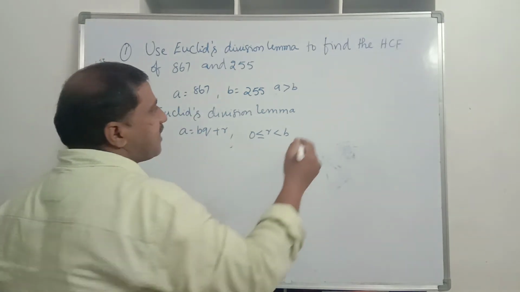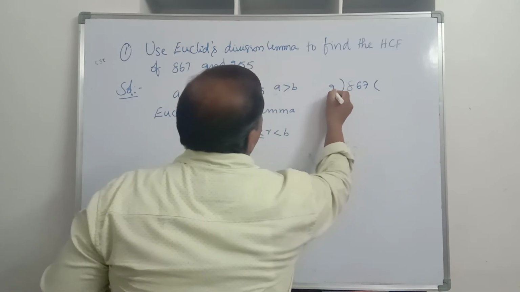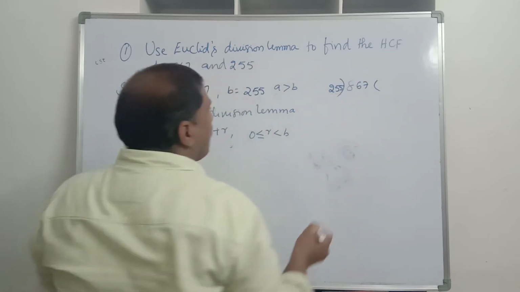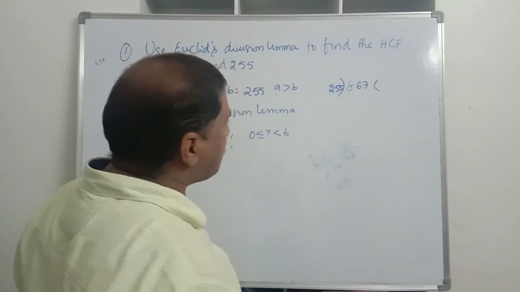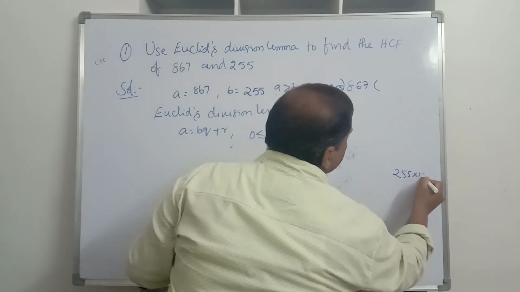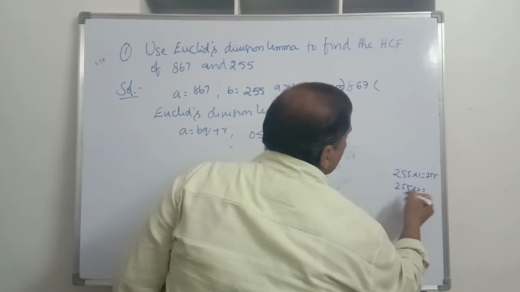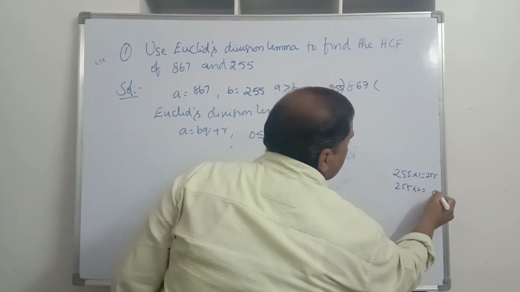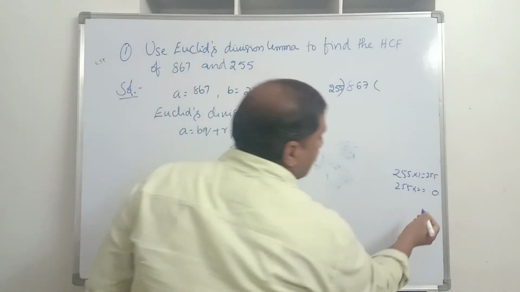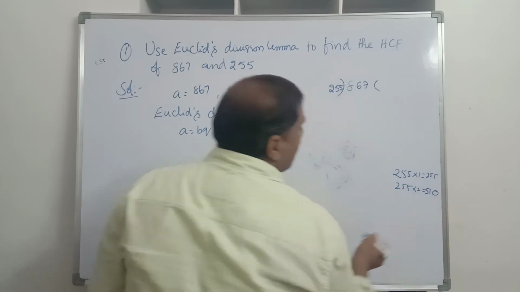So the first step is to divide 867 by 255. At which table will it go? In the 255 table. 255 into 1 is 255. 255 into 2: 5 twos are 10, 0 and carry 1; 5 twos are 10 plus 1, it is 11; 2 twos are 4 plus 1, so 510.